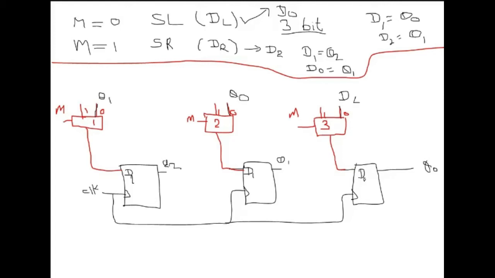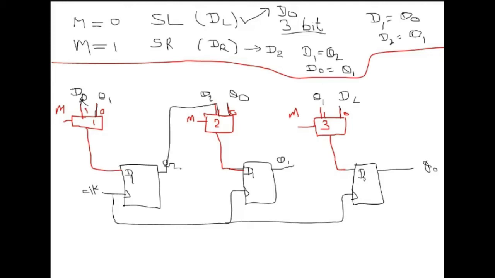When M is equal to 1, data should be applied to D2. So this will be my DR, which will be applied to D2. This will be Q2 and this will be Q1. And this is again my bidirectional shift register. So now you can complete the circuit. You can make the connections. You can see this is connected to Q2 here.